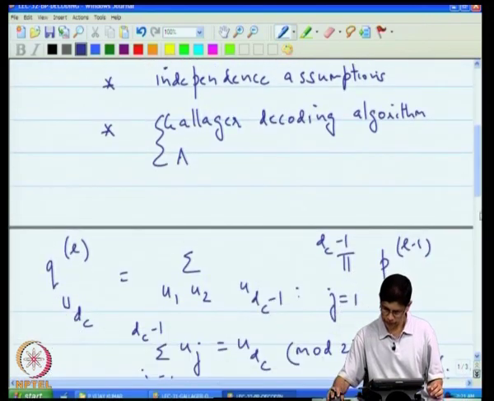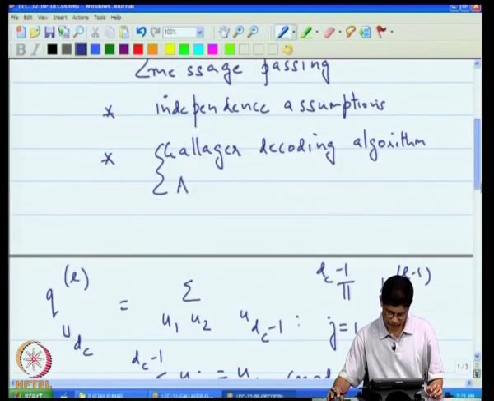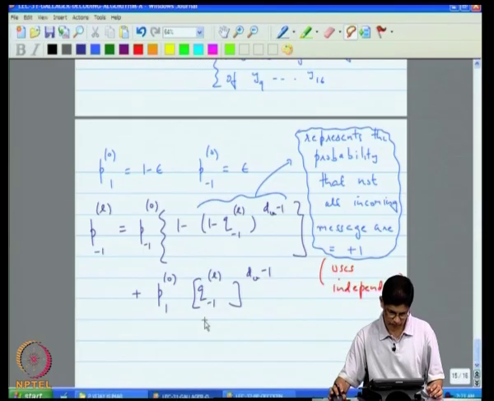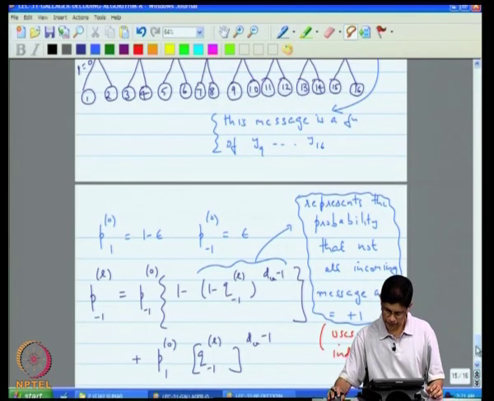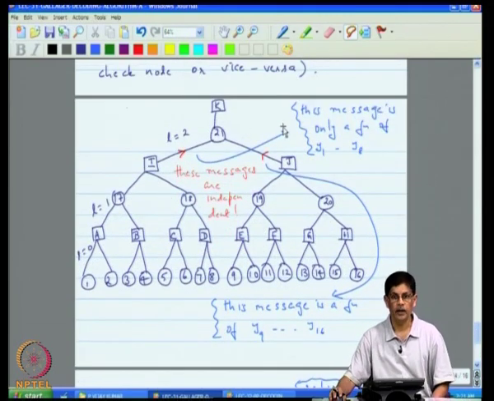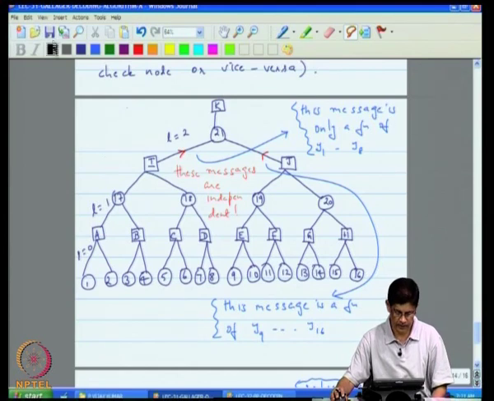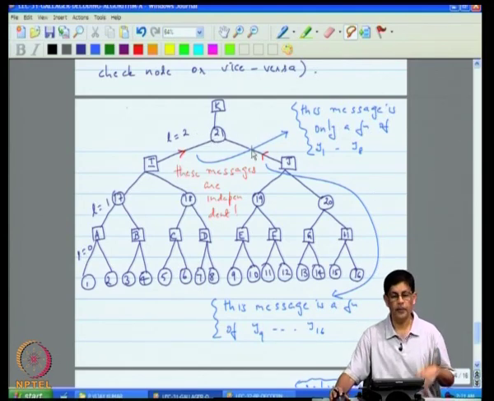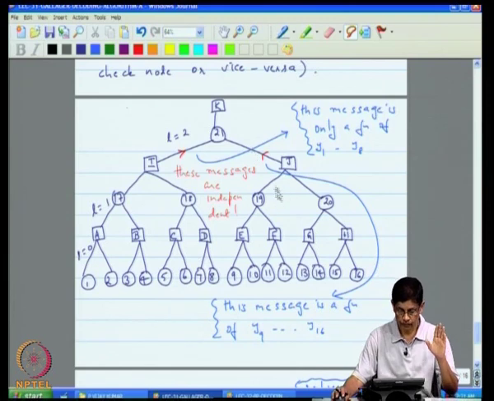Now, one other fact I should mention, which I think I mentioned sometime earlier, is that this density evolution analysis that we are carrying out assumes that you are operating with a Tanner graph which is tree like, which to depth 2L has a tree like neighborhood.